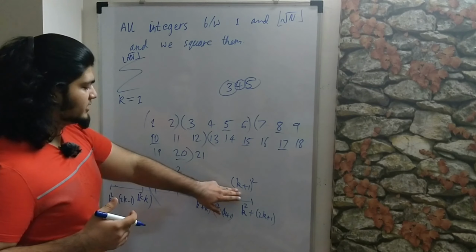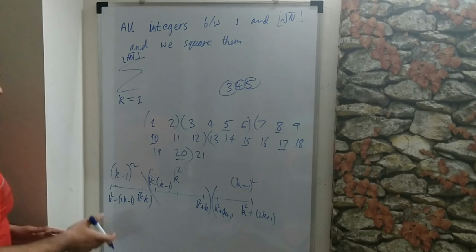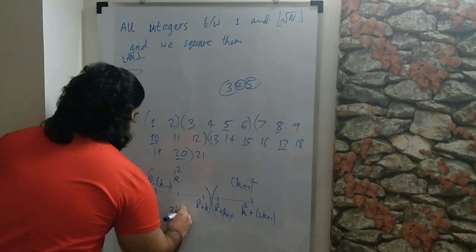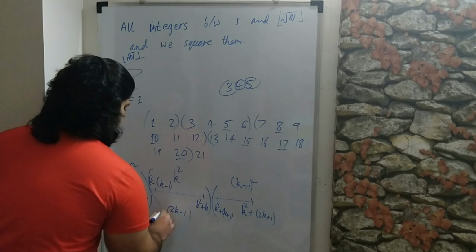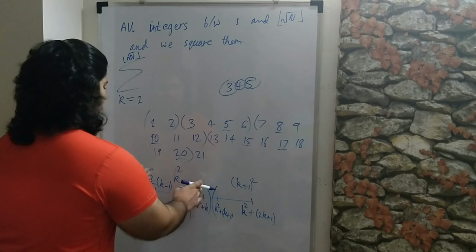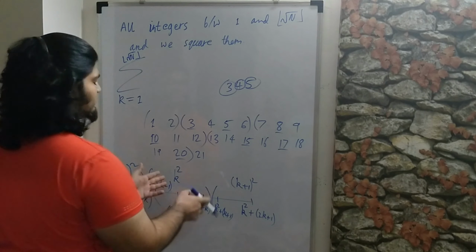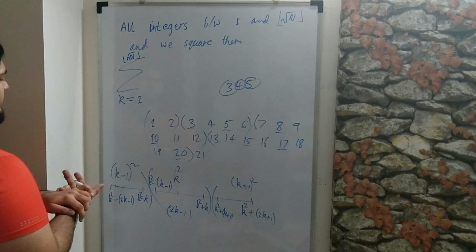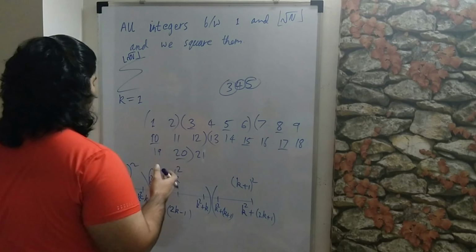Similarly, how many this one will produce and how many that one will produce. So we have a bracket of 2k plus 1 integers which lie inside k square's arena or bracket, whatever you want to call it. So now we have to figure out how many of them are squarish.